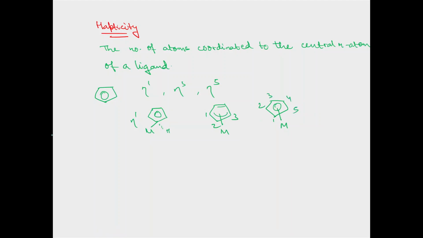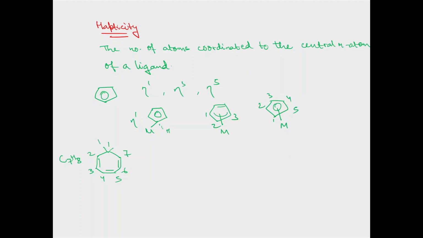So similarly, for C7H8, right, it is 1, 2, 3, 4, 5, 6, 7. Okay. So C7H8 is this, right? 1, 2, 3, 4, 5, 6, 7, 8.